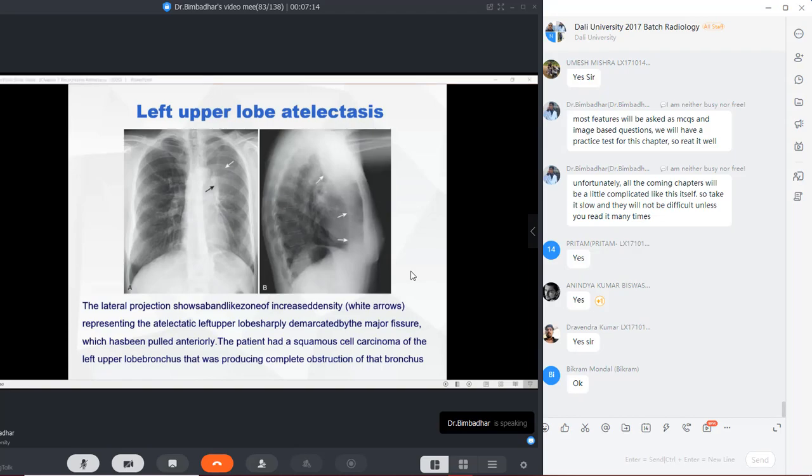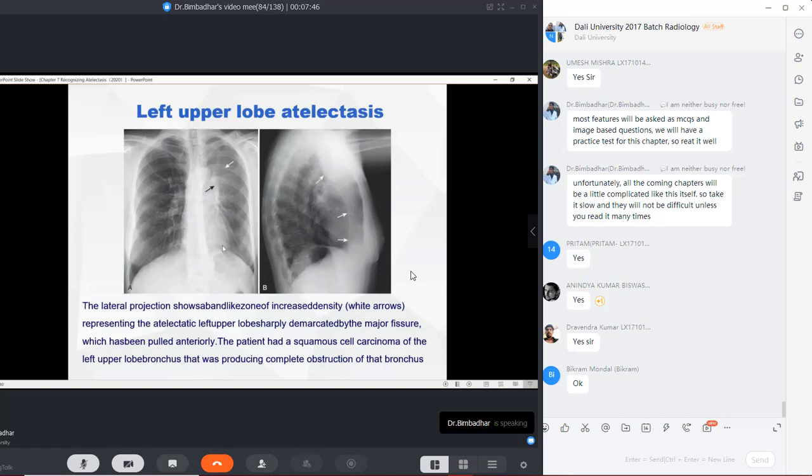And also, the patient actually had a squamous cell carcinoma of the left upper lobar bronchus that was producing complete obstruction of that bronchus. You can appreciate the atelectasis very much on a CT scan, but still it is always necessary, as a basic undergraduate doctor, that you try to interpret the lobar atelectasis on the chest X-ray films itself.